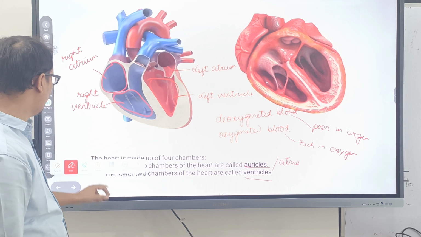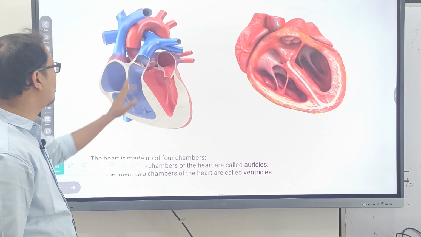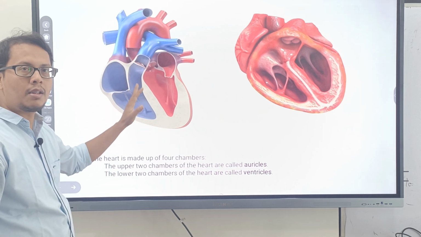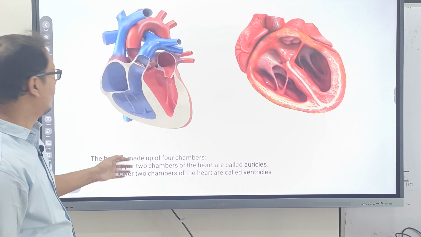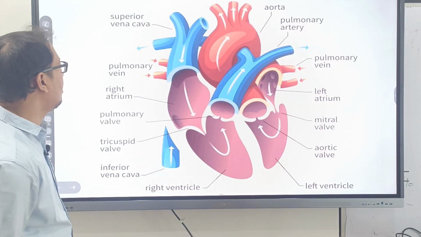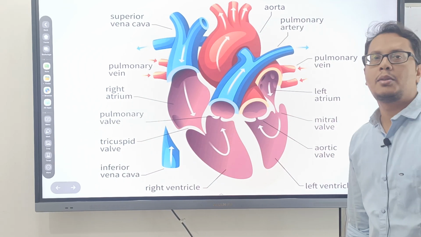So in next slide, we will discuss in detail. Okay. So till now we have discussed that it consists of only 4 chambers, the atriums and the ventricles. So in next slide, we will discuss in detail about the functioning of a human heart.